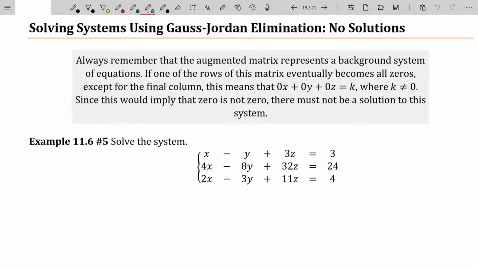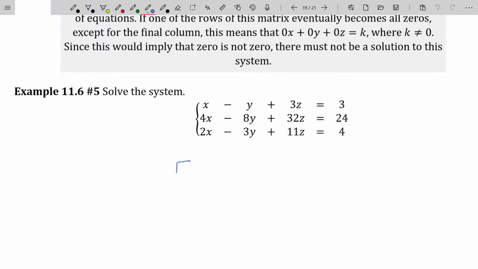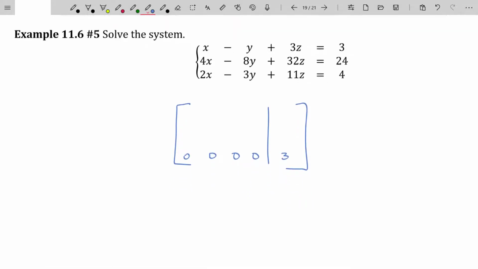Again, as I said with the infinite solutions, you should always remember that your augmented matrix represents a background system of equations. So if you end up working with an augmented system and you get a bunch of zeros in one row equals 3, that tells you that 0x plus 0y plus 0z plus 0w is equal to 3, or in other words, 0 is equal to 3, which cannot happen, and therefore there's no solution.